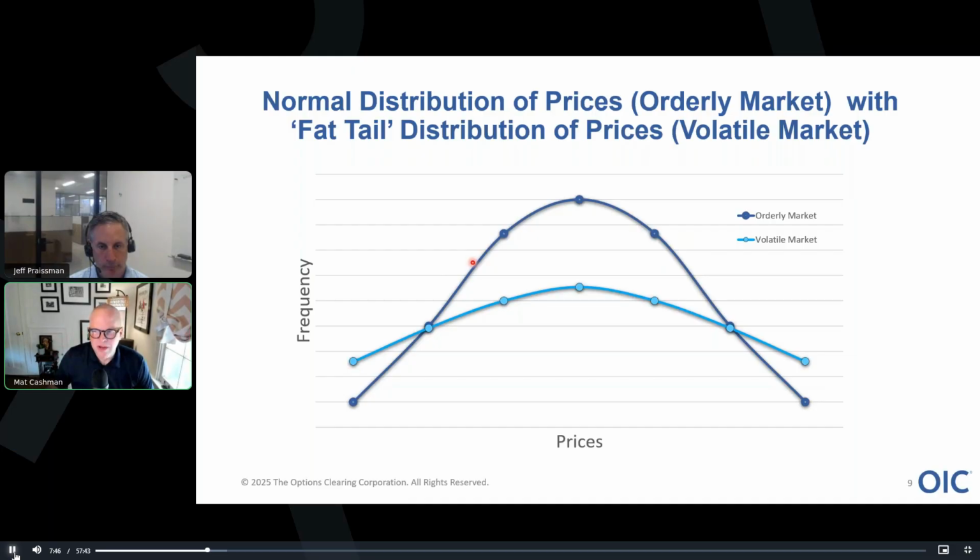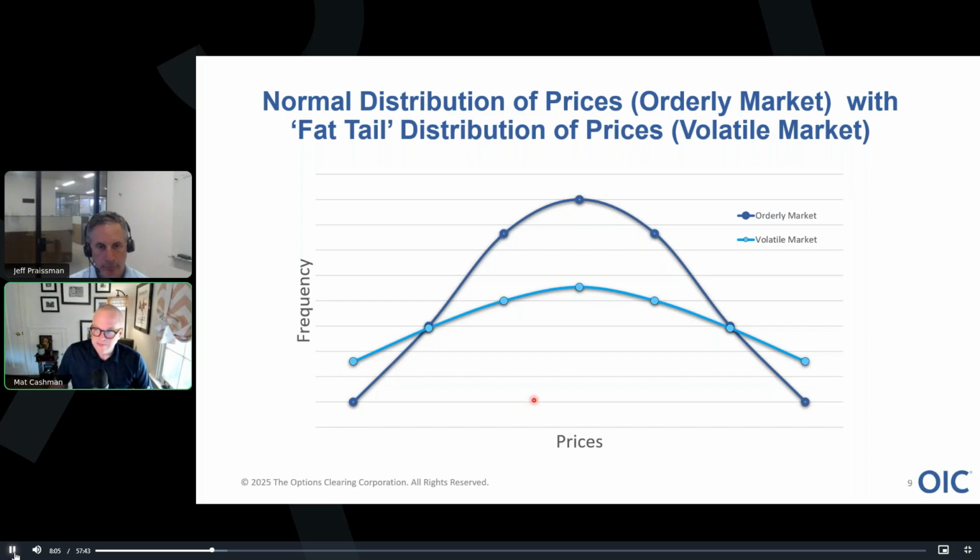And the idea I want you to take away from this is the broadening and flattening of the possibilities of price iteration, of different settlement prices that might not have been on the horizon before but are now a part of that price distribution.